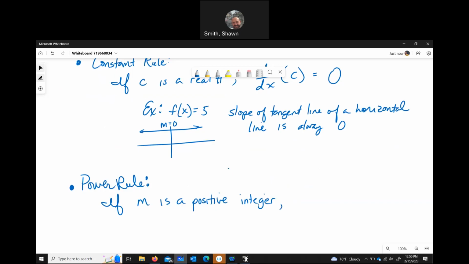Then the derivative of some variable to that m power is equal to the power multiplied to that variable, now to the 1 less power, m minus 1.